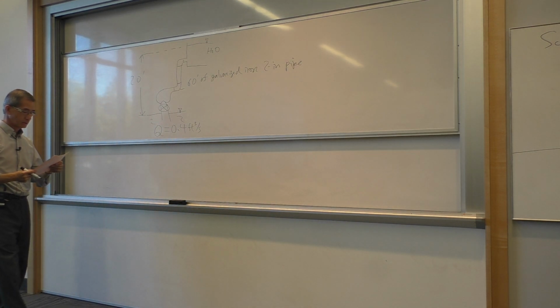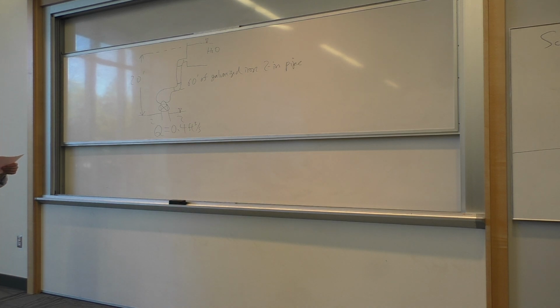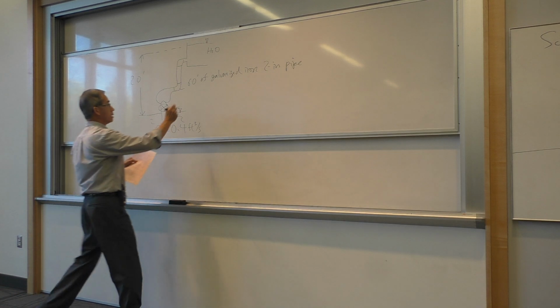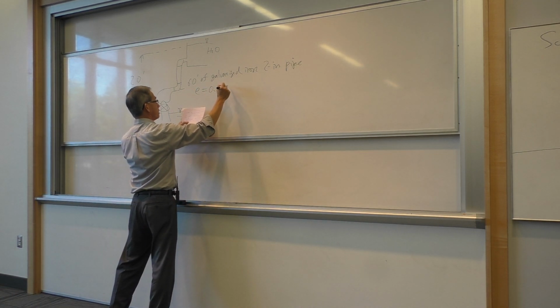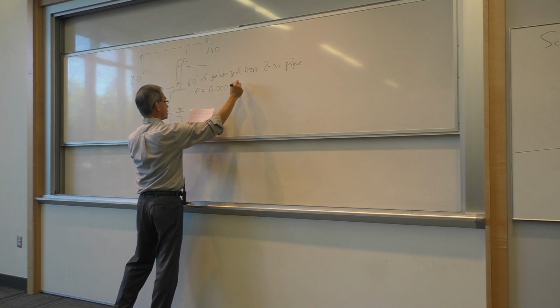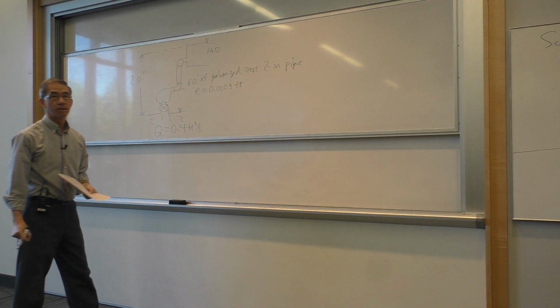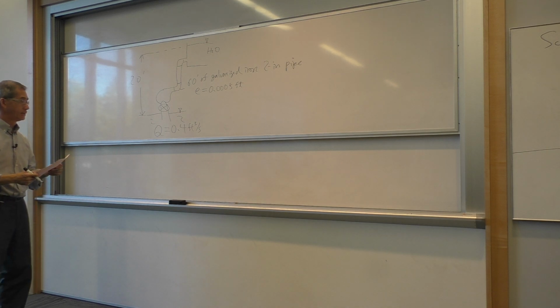Total length is 60 feet. And galvanized iron, if you look it up in the table, has a roughness of approximately 0.005 feet.